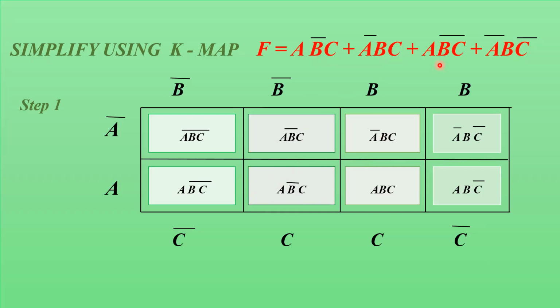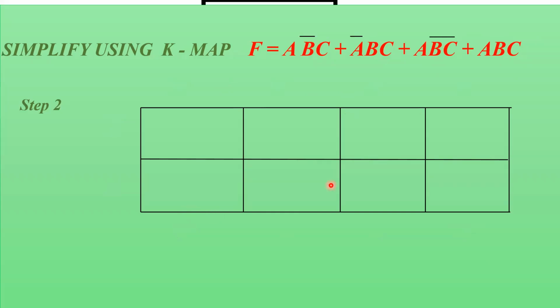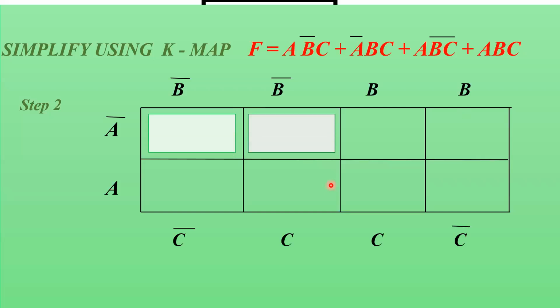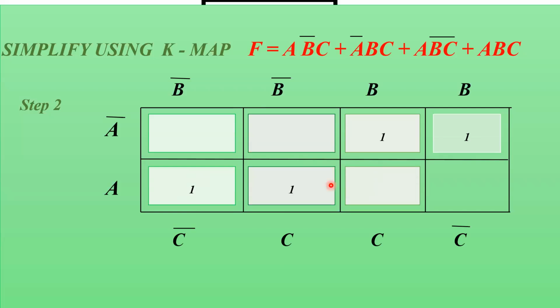Then A, BC complement, put the value 1 here. So 1, 1 and this one. And A complement B and C complement, this one. The last two and first two have 1. Clear?